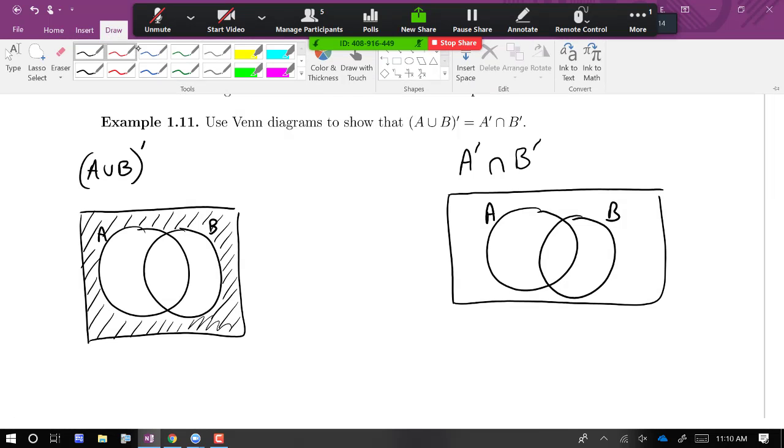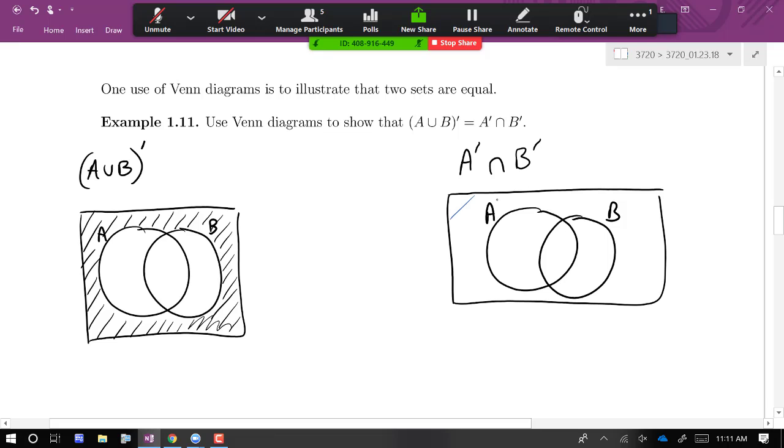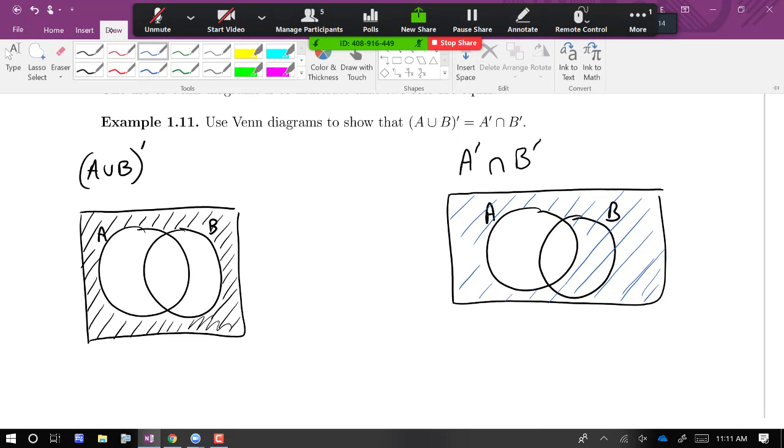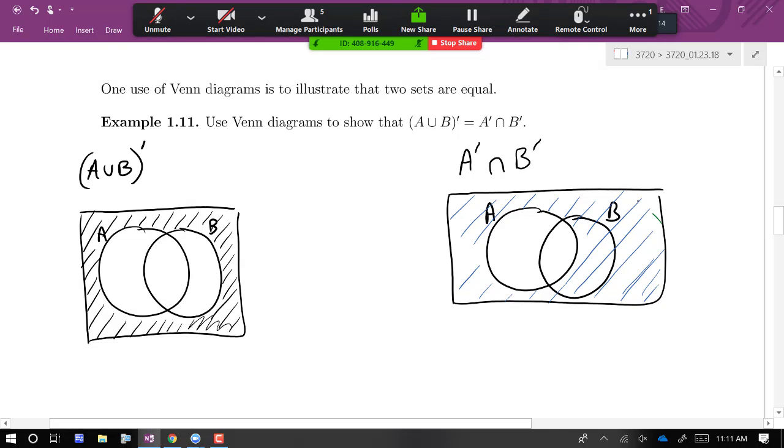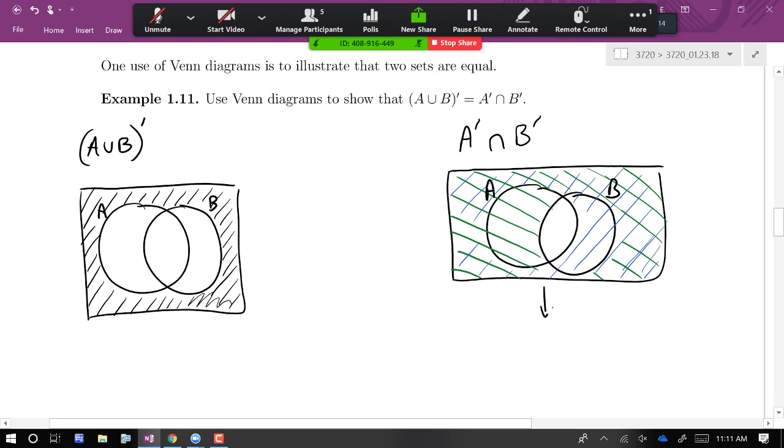So let's say here's A complement. Everything outside the A circle is there. And then I'm going to shade everything outside the B circle. And so I'm going to just draw one more Venn diagram to kind of clean this up a bit.